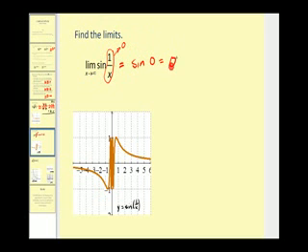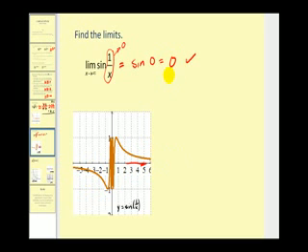Or graphically, you can see as you approach positive infinity, this graph is approaching y equals 0, or the x-axis, therefore this does verify our limit. We should also notice that this graph does have a horizontal asymptote of y equals 0, which is the same as the value of this limit at infinity.